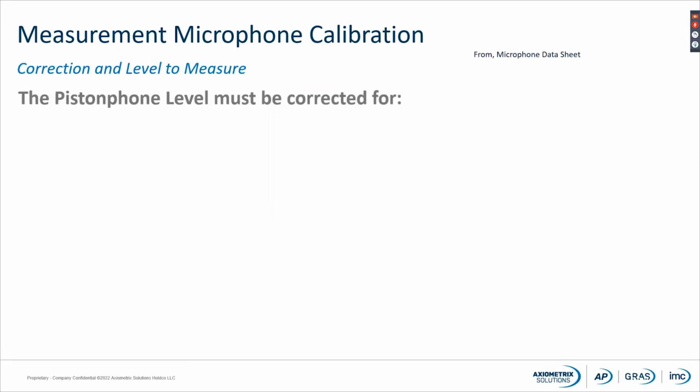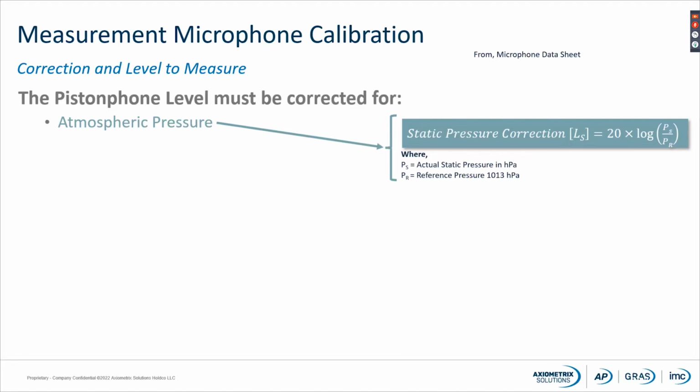When we are making microphone calibration with our piston phone, the piston phone level must be corrected, first of all, for the atmospheric pressure, and the value we have to compensate is easy to calculate.